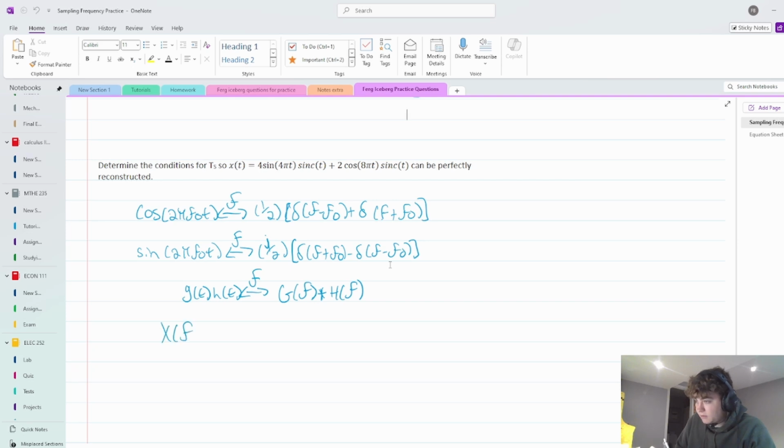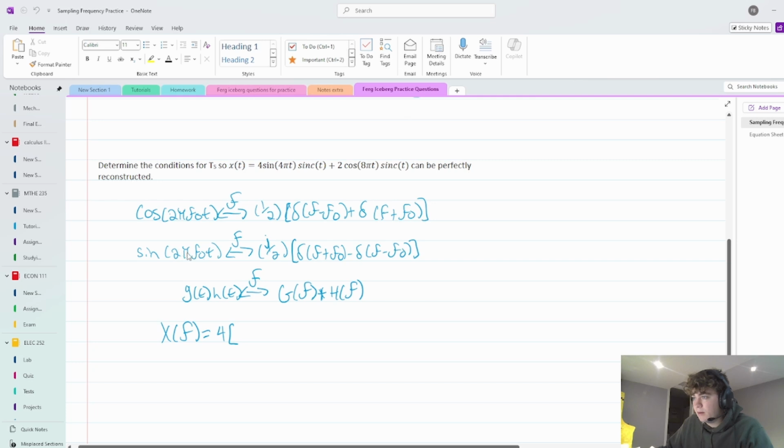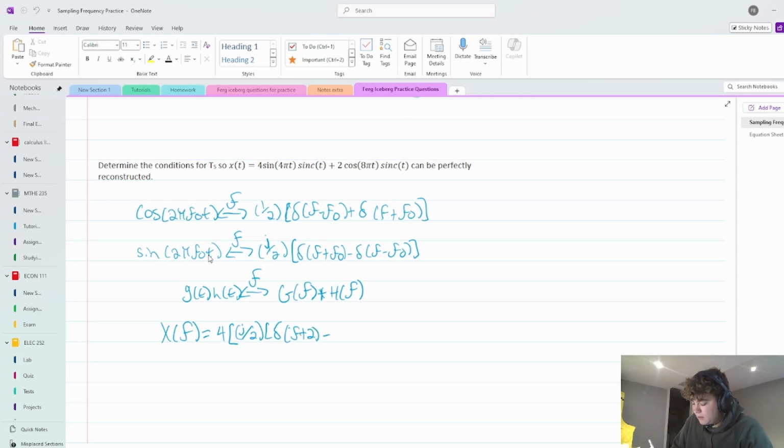We're looking for the Fourier transform of x. You have 4 multiplied by the Fourier transform of the sine function, which if you look here, you can see that f naught will be 2 because you factor out 2 pi from 4 pi. You're left with 2 times 2 pi times t. So f naught will end up being 2. So this can be written as 4 times j over 2 times the impulse of f plus 2 minus the impulse of f minus 2.